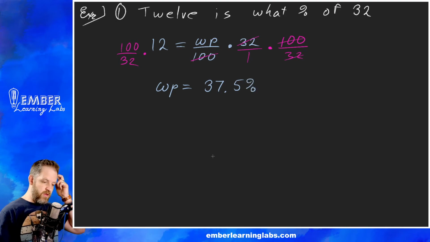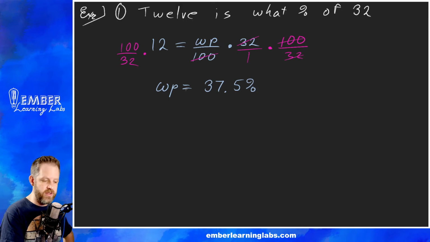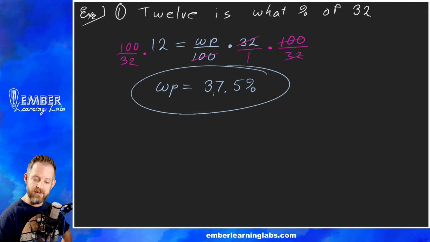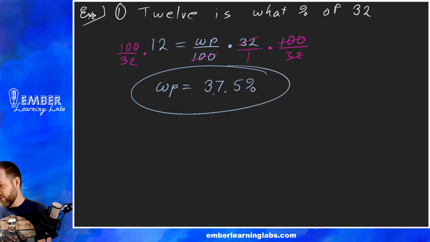Now, we don't have to shift over any decimals or anything. That's why we did the divided by 100 thing there, because it gives us the actual percent. That's great. Let's do another one that's a little bit different.